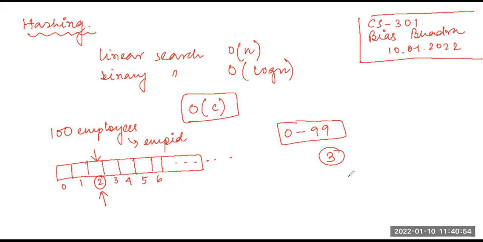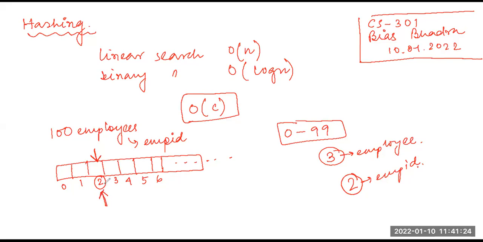The person with employee ID 2 has all the details stored in this index location.